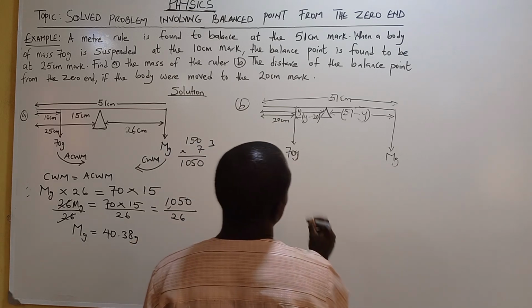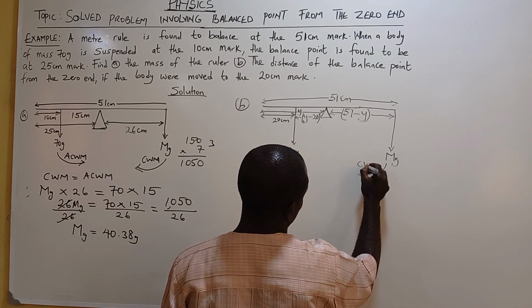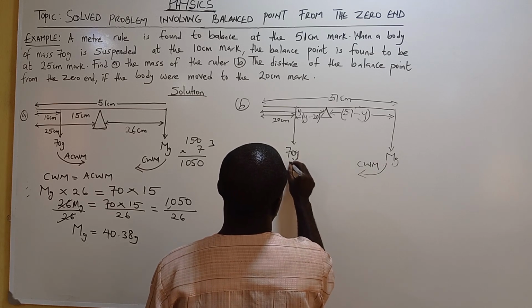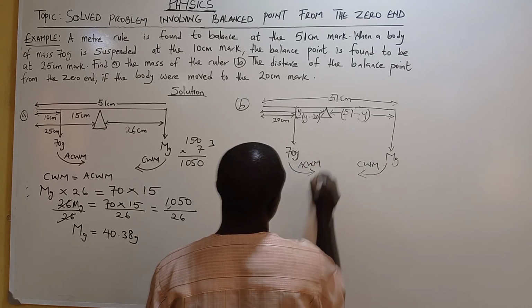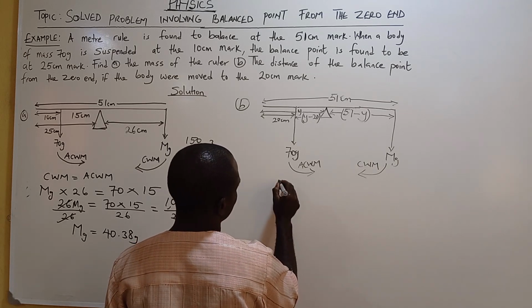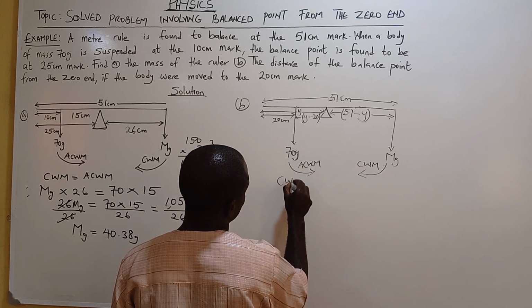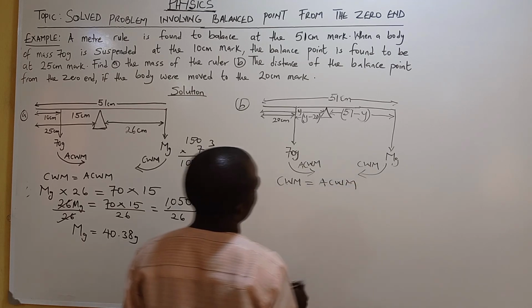Now let's use clockwise moments, and this is anti-clockwise moments. In condition of equilibrium, when the system is in equilibrium, you have clockwise moments equal to anti-clockwise moments.